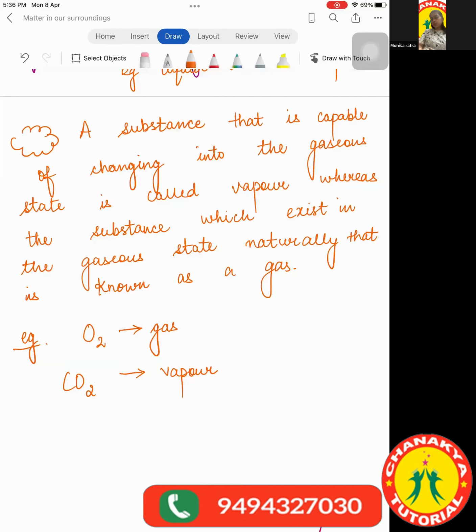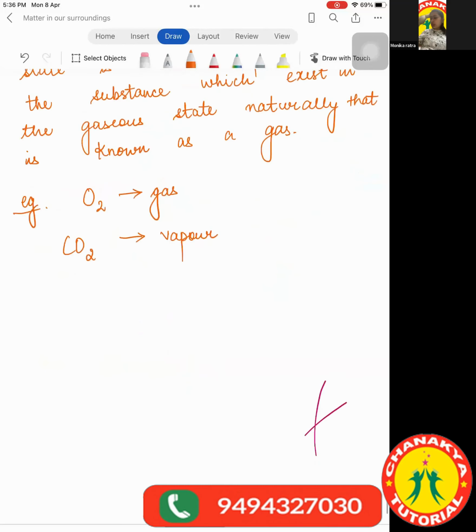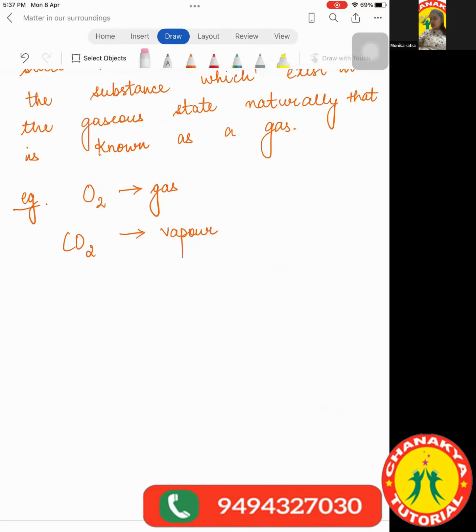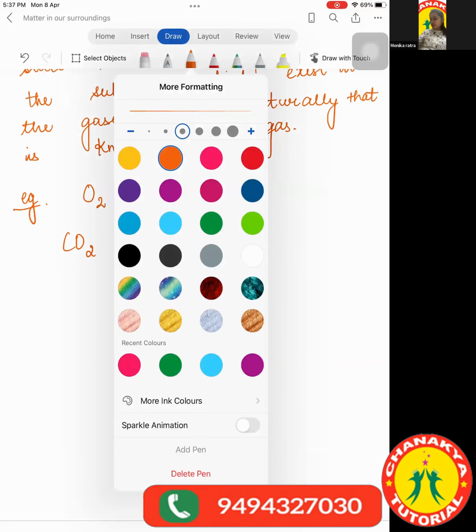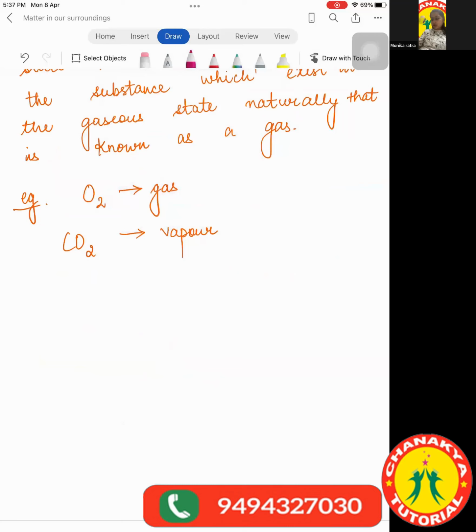Clear, everyone? Okay, children. Then our next process is the conversion of, it is either we call it condensation or we call it liquefaction. So what is this process?